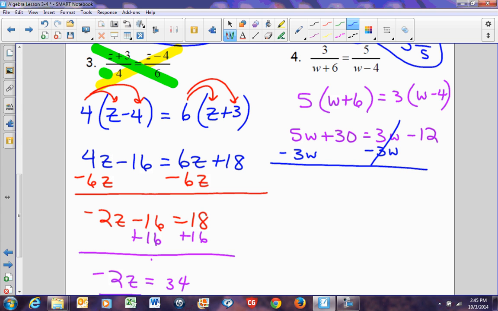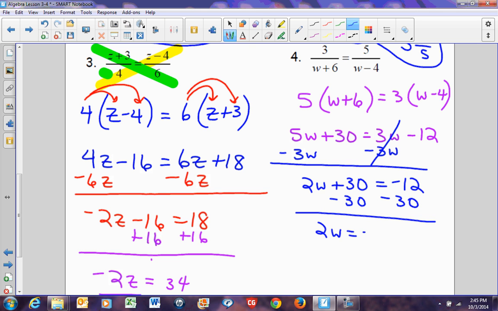So they cancel out on the right side. 5 minus 3 is 2w plus 30 equals negative 12. Subtract 30 from both sides of my equation. So 2w equals negative 42. Divide by 2. w equals negative 21. And I'm done. That's solving proportions.